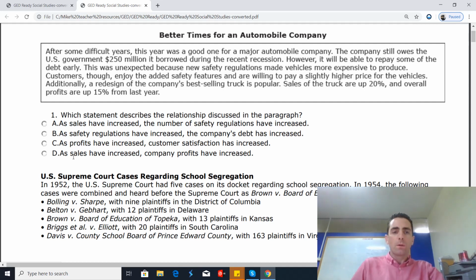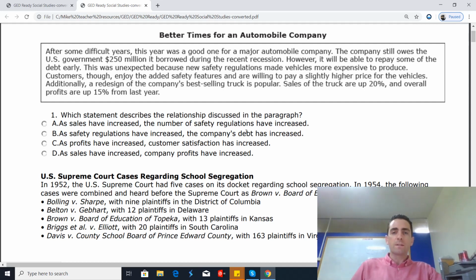Right, so as sales have increased, the number of safety regulations have increased. It starts out by talking about the money borrowed from the government, and it'll be repaying the debt soon. This was unexpected because of new safety regulations making the cars more expensive to produce.